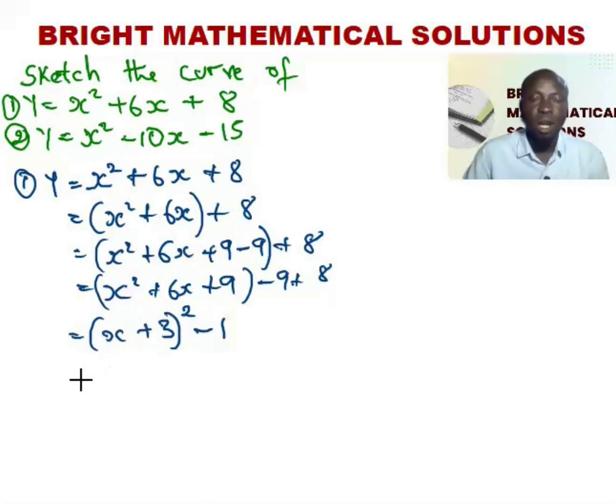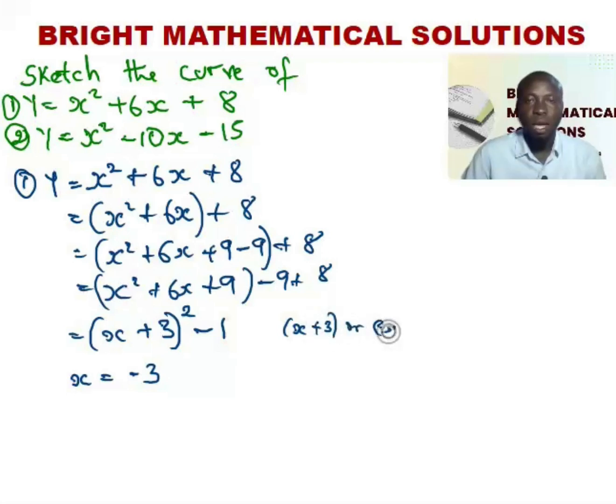Now the question is, how do we sketch? There are certain ingredients that we must highlight. We must know the value of our x, the value of our y, and our intercept. How do we deduce this from the result we've gotten? Our x from this expression equals minus 3, because x plus 3 equals 0, so x equals minus 3.